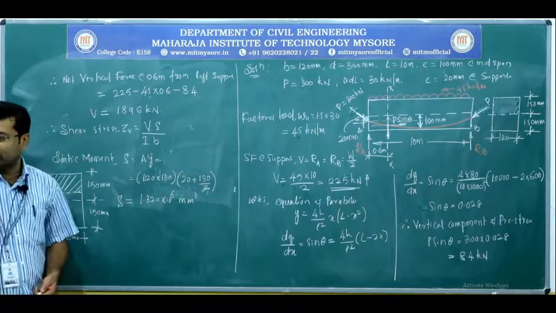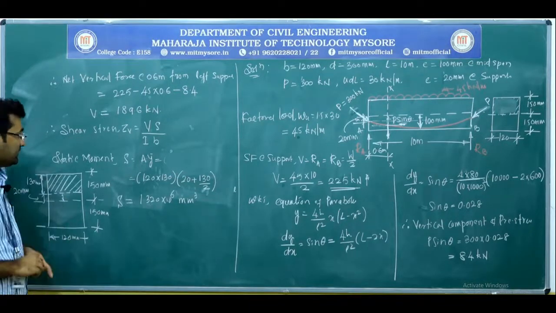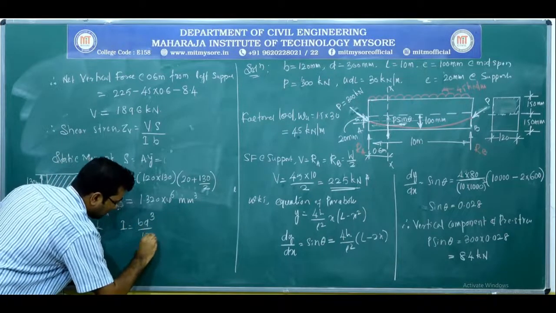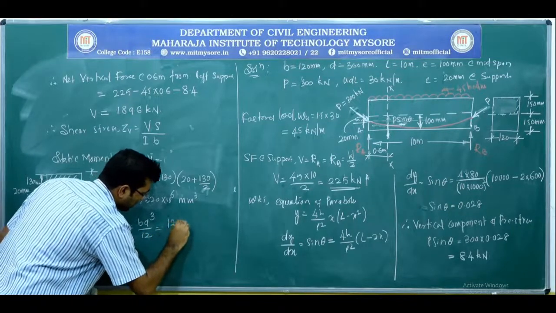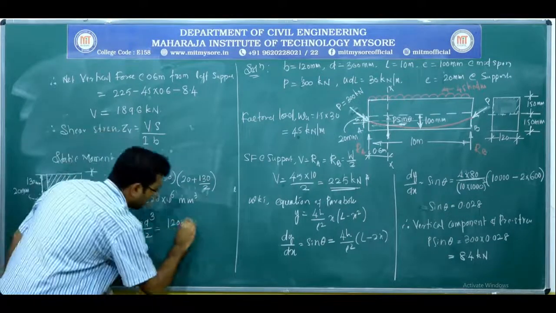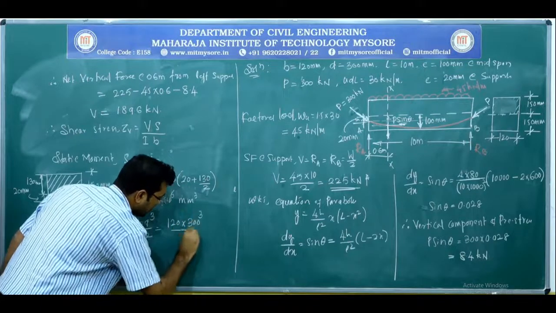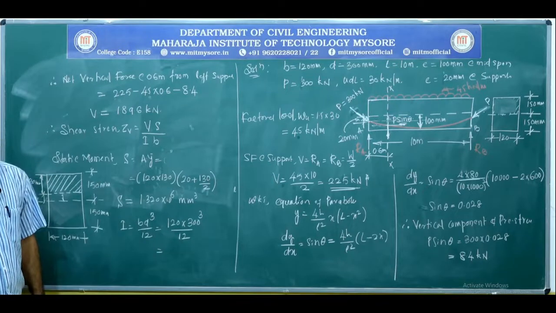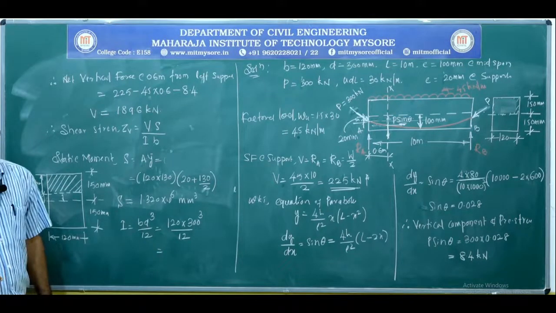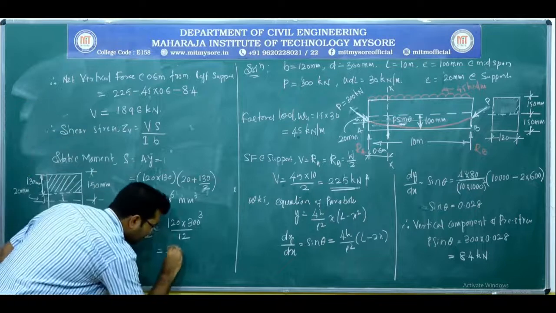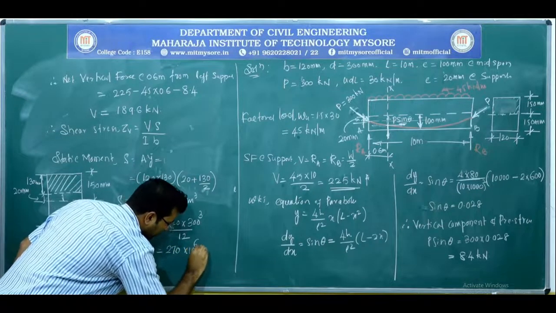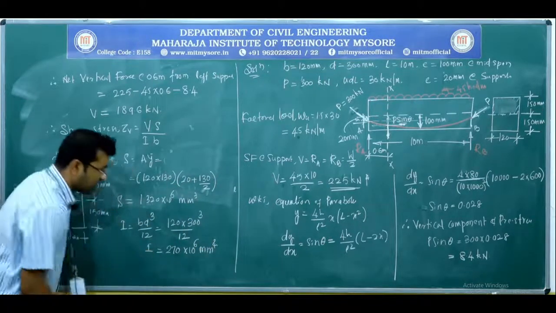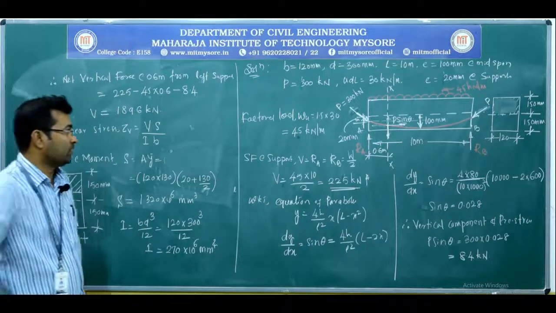Okay. So we got this. Next we need the moment of inertia, I, which is b d cube by 12. So b is 120, depth is 300. So it is 120 into 300 cube by 12. So I value is about 270 into 10 to the power 6 millimeter to the power 4. So this is the value of I. We know b is 120.